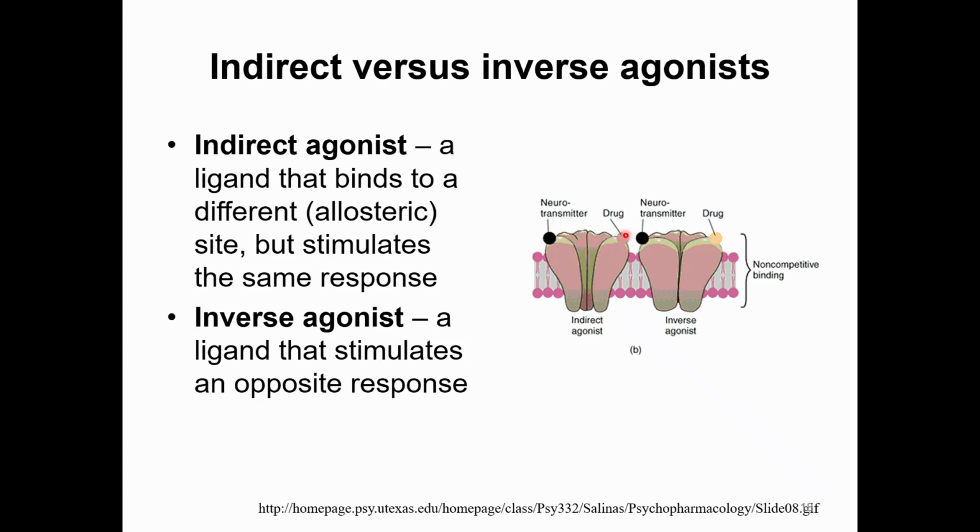But here is a drug that binds at a completely different site on the protein, and when it binds, it also causes the channel to open. So this is indirect agonism because the binding site of the drug is different than the binding site of the neurotransmitter. We call that an allosteric site, okay?